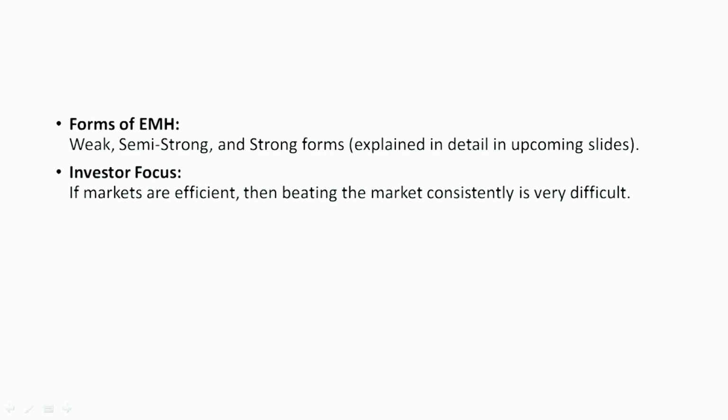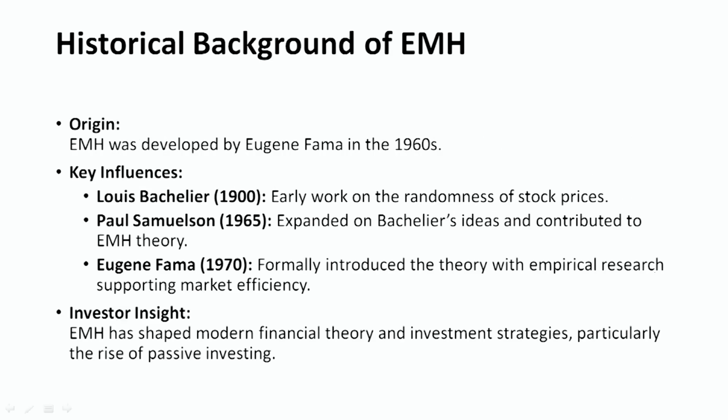As we have already discussed in the earlier lecture, there are three types of markets: weak, semi-strong, and strong forms of market. I'll take it up in detail in the coming lectures. The market is considered to be efficient if the prices of the stocks are consistently reflecting the availability of information, which means it is difficult for you to predict the prices of stocks.